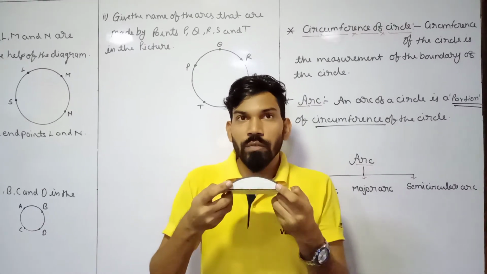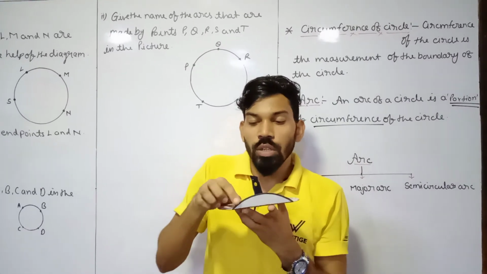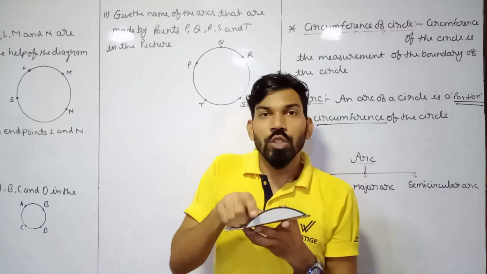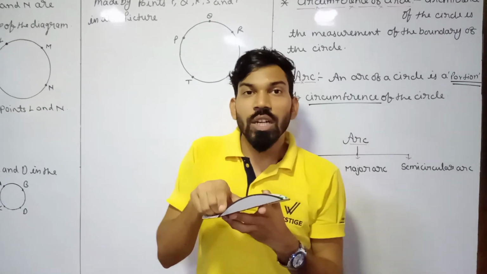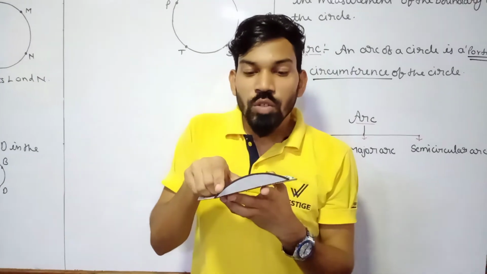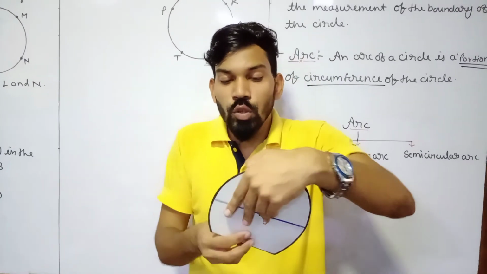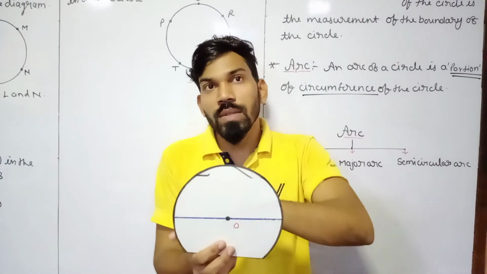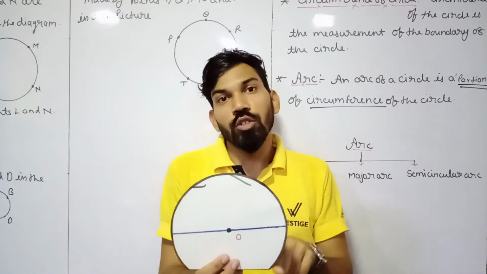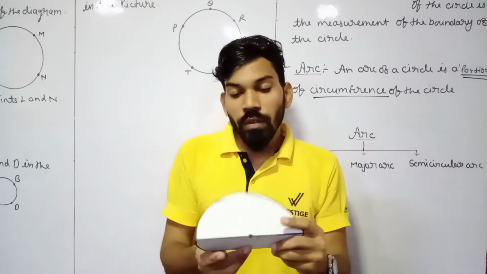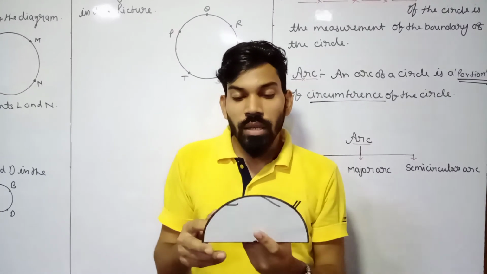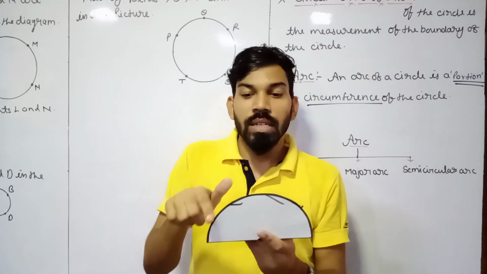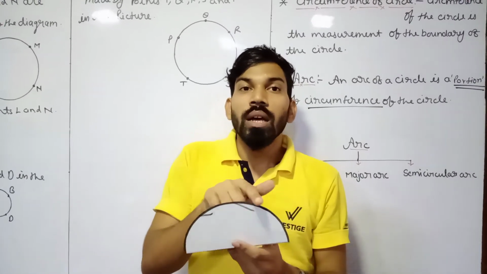If I cut from here, you are able to see only this much part of the circle; this is called an arc. This is also an arc. Now you can see one more, bigger part, whereas earlier we saw the smaller part. This bigger part is also called an arc. If I cut this way, we get exactly half of the circumference. That is also called an arc.